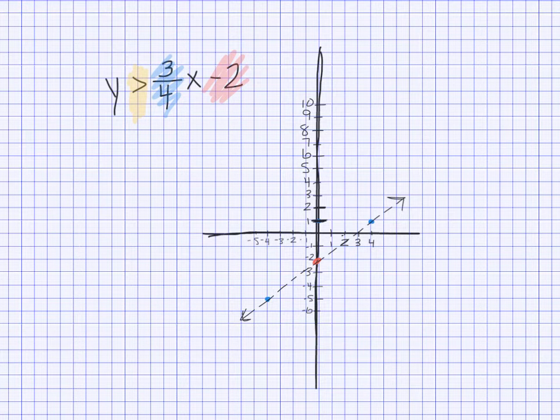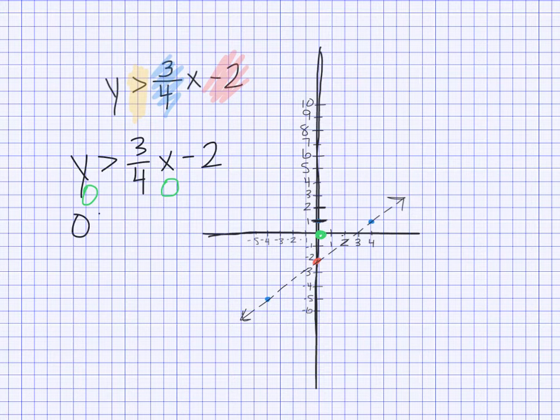So test 0, 0. I am going to rewrite this over here: y is greater than 3/4 x minus 2. And I'm going to put a 0 in for y and a 0 in for x, which will represent this point right there on the graph, and I'm going to see if that point works.